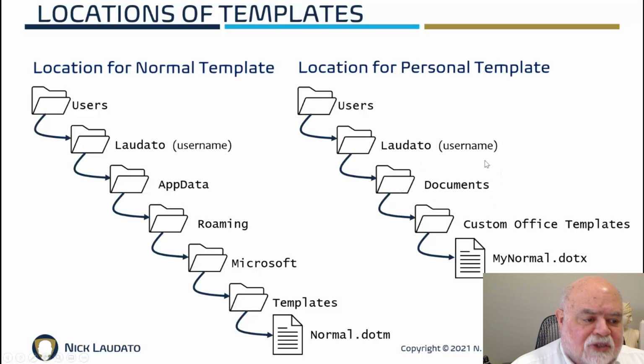And by the way, there is a shortcut by the name of Documents that goes directly here, so you don't have to navigate those. You can go to Documents, and you'll see after you save your first template that there is a directory that was created by Word called Custom Office Templates, and here's that My Normal .dotx that I saved that's without macros. So that's the location of the templates.